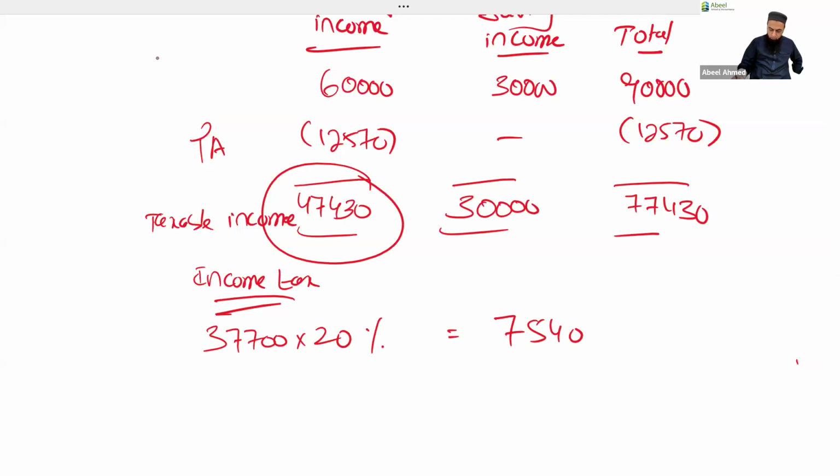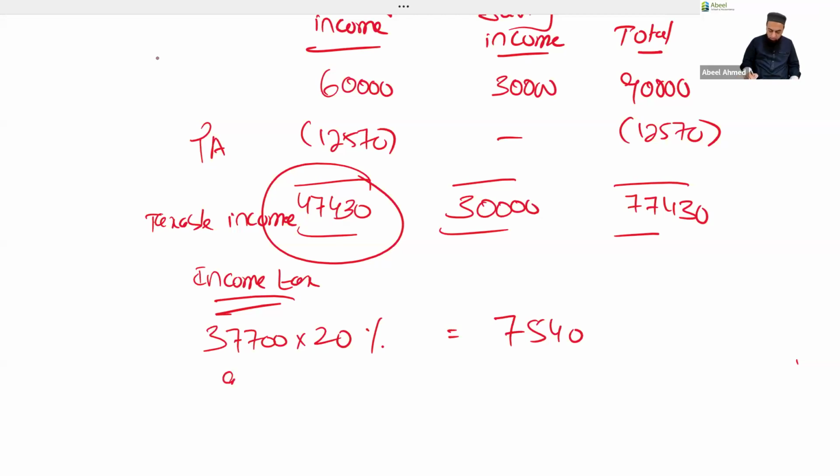7,540. Taxable income in the column of non-saving is 47,430. Out of this 47,430, we have applied tax rate on 37,700. How much is left? 47,430 minus 37,700.